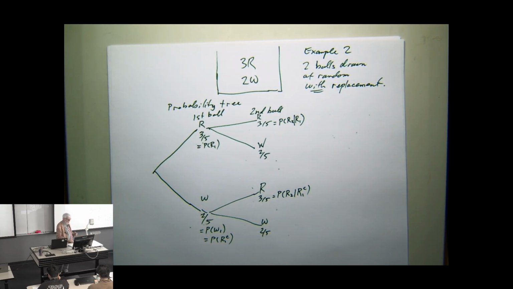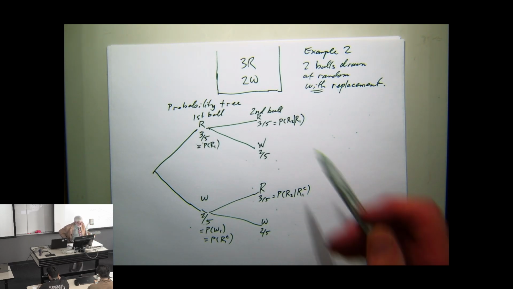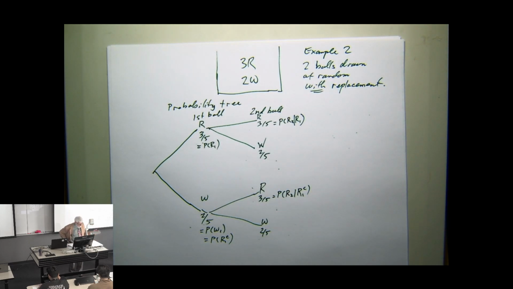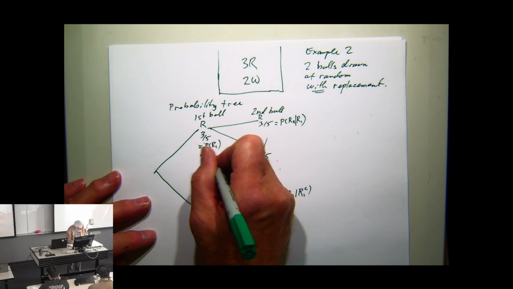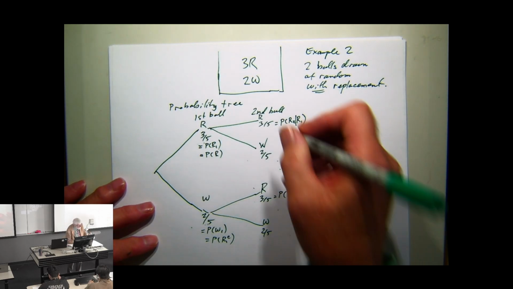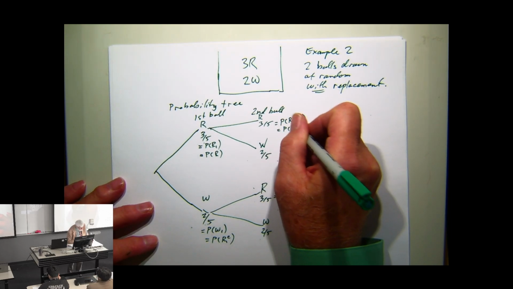But I'm looking at that and going, well, those things are all the same number. 3/5, 3/5, 3/5. It didn't matter whether I got a red on the first. It didn't affect the probability of getting a red on the second. And the probability of a red on the second was the same as the probability of a red on the first. So if I want to simplify my notation, I can do that. I can just say, hey, that's just the probability of pulling a red.